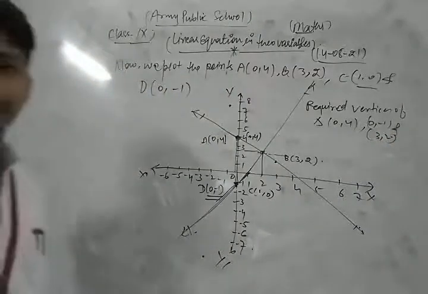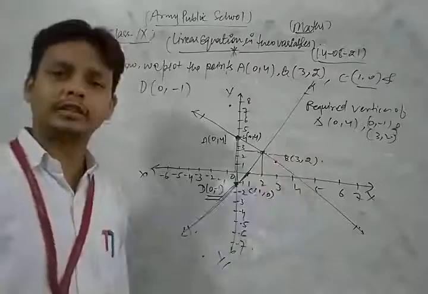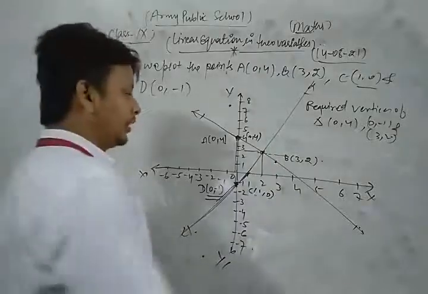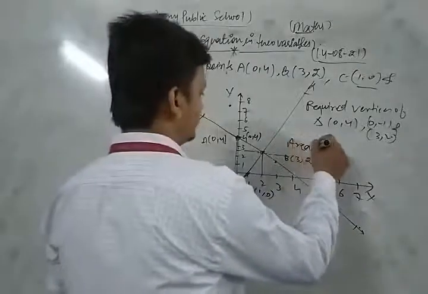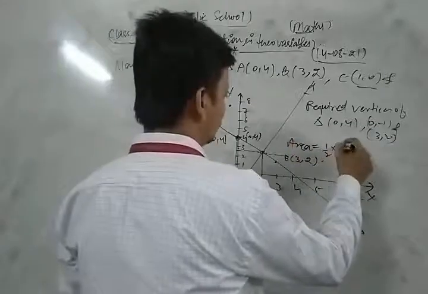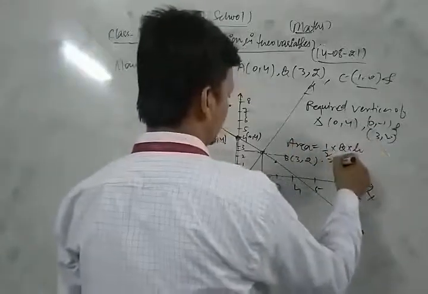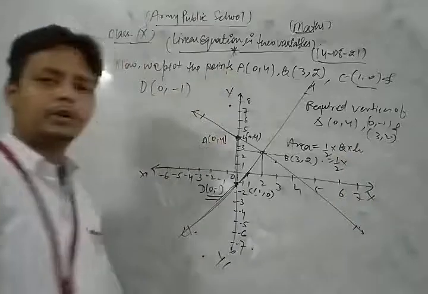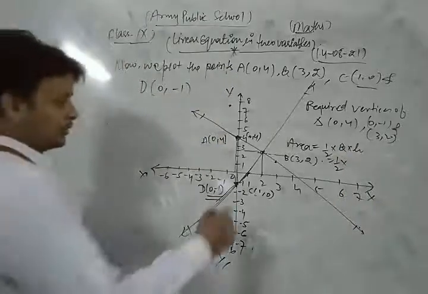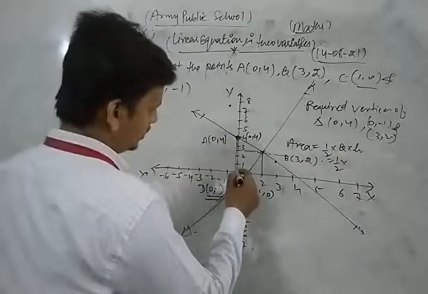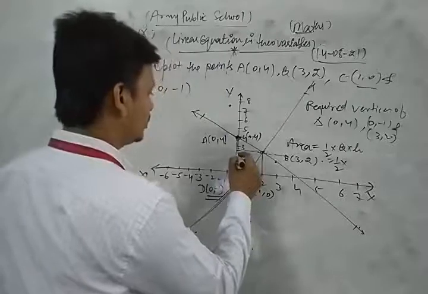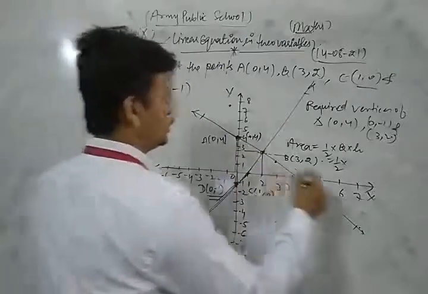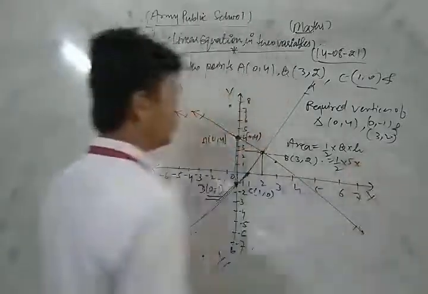Now we find the area; these are the required vertices of the required triangle. Now the required area. Area is 1 upon 2 into base into height. So 1 upon 2, base is what? Look, this is 1, 2, 3, 4, 5, into height.